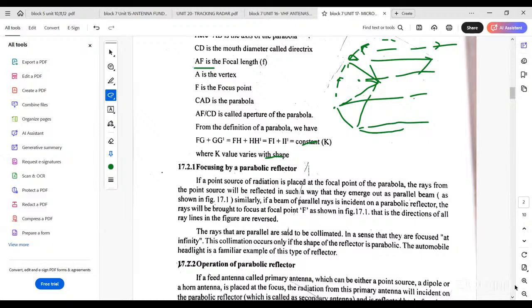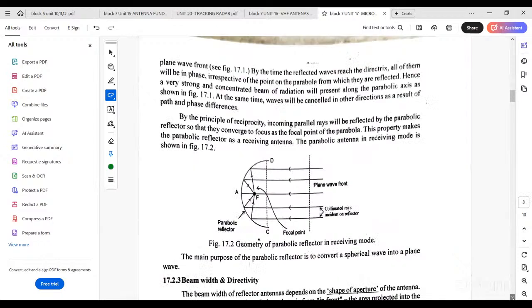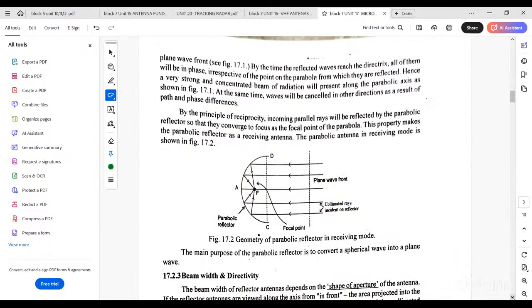Next, come to the operation of the parabolic reflector. What is given in the operation? Here, in the operation, there is a primary pattern and a secondary pattern, or you can observe figure 17.3 on the next page.